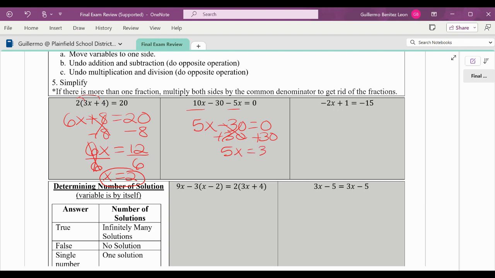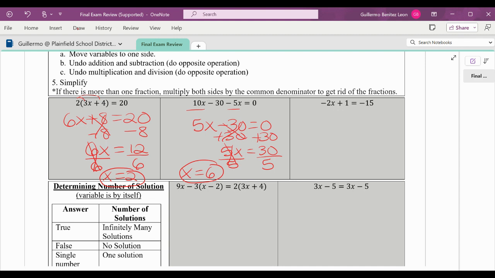5x equals 30. 5 times x, the opposite of multiplication is division. And we get the second answer, x equals 6. Next one. This one we do not need to simplify. It's already simplified. It's a 2-step equation.